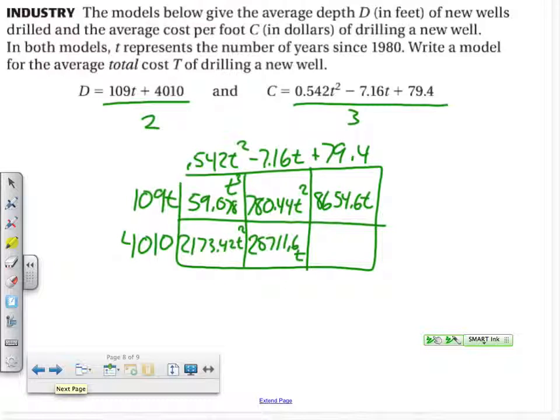This will be huge, relatively speaking to the other numbers. 318,394.